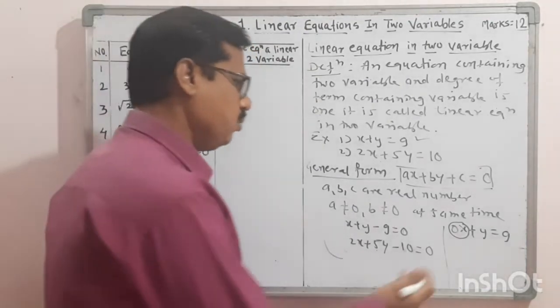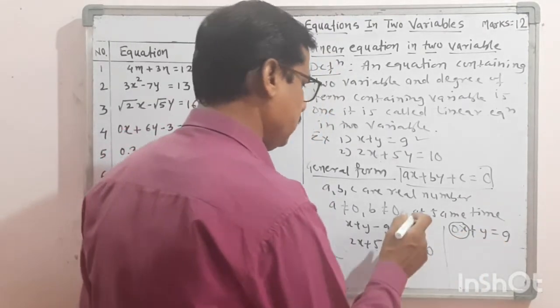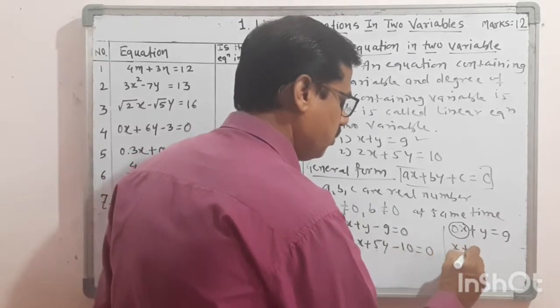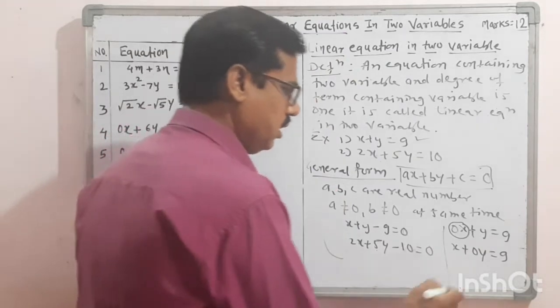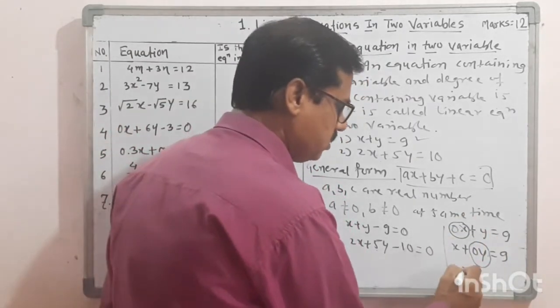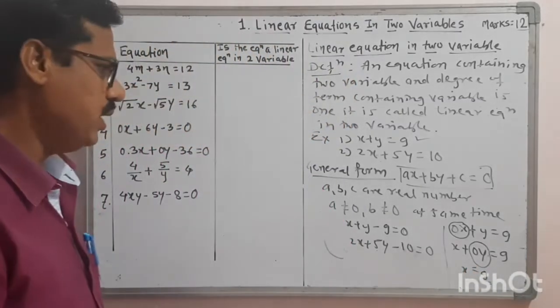If the coefficient of y is 0, meaning b is 0, we get x plus 0y is equal to 9. With 0y we get 0, and what remains is x equal to 9, which is a linear equation in one variable.